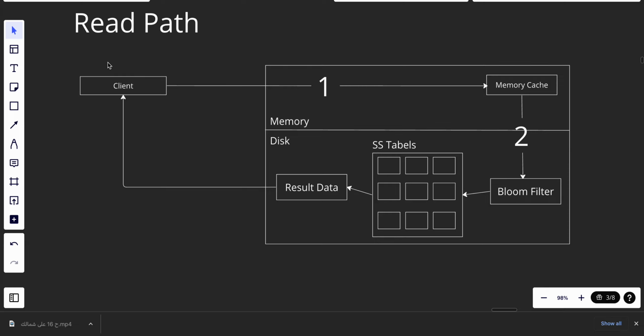It provides an efficient way to test set membership. So we want to know if this element is in this specific table, so we use a Bloom filter to figure out which SS tables might contain the key. The SS tables return the results, and as you can see, the result data returns back to the client, and that's it.